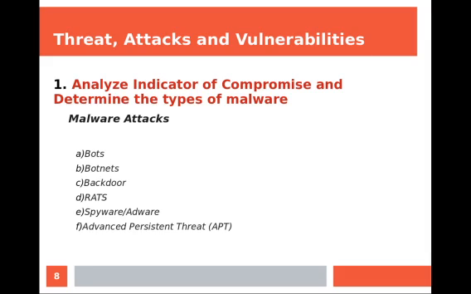The advanced part signifies sophisticated techniques using malware to exploit vulnerabilities in the system. The persistent part suggests that an external command and control system is continuously monitoring and extracting data from the specific targets. The threat part indicates human involvement in orchestrating the attacks.